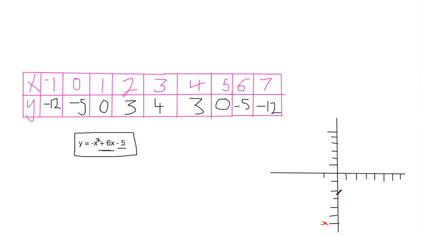And then here, x is 2, y equals 3, so about there. And then 4. 1, 2, 3, 4. 3, 0. I like going back down on the other side because it's exactly the same as you went up.